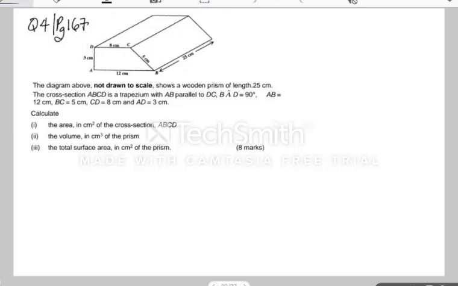All right, so first of all, the cross section that we're talking about is this trapezoidal cross section.